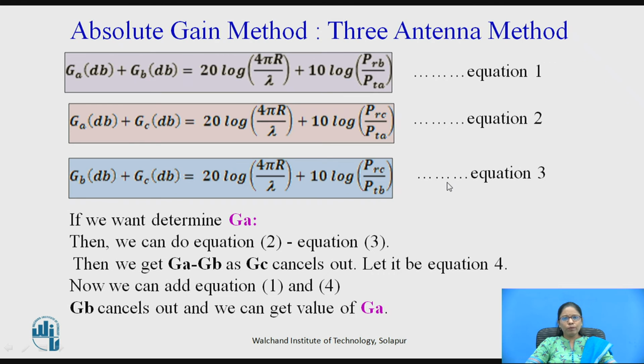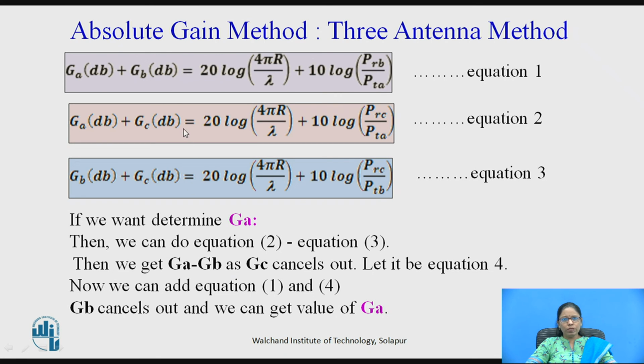If, for example, I want to find the gain of antenna A, what I'll do is subtract equation 2 and equation 3. When I subtract 2 and 3, as you can see here, GC cancels out. I get GA minus GB on the left hand side, and the resulting equation will be equation 4, and that equation can be added to equation 1.